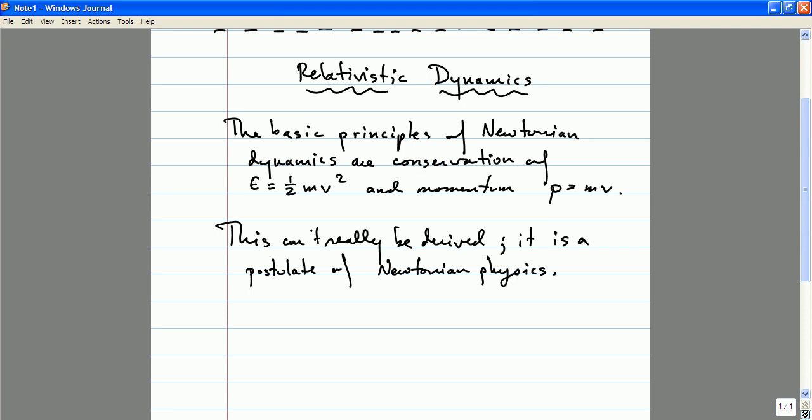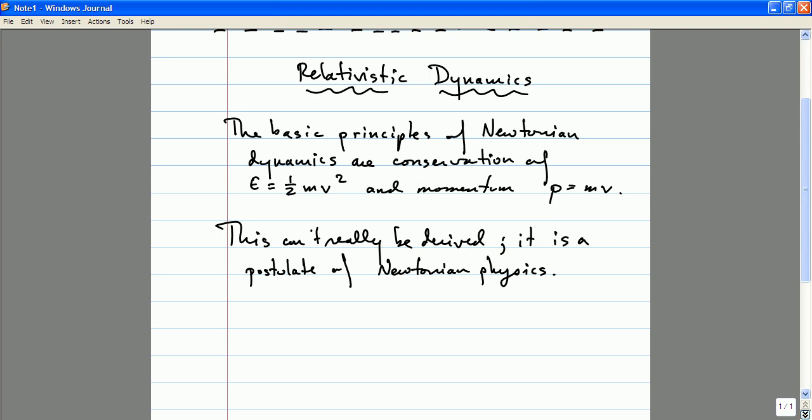Now, for example, if you were to formulate Newtonian physics in terms of force laws, F equals ma, and to write down some formulas for those force laws, then from that formulation you could derive the conservation of energy and momentum in that specific situation. But really, I think it's fair to say that the assumption of conservation of energy and momentum is as fundamental as any other assumption that one could use to formulate the laws of mechanics in Newtonian physics.